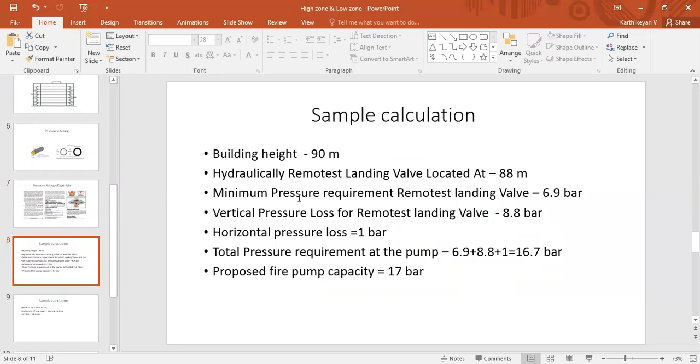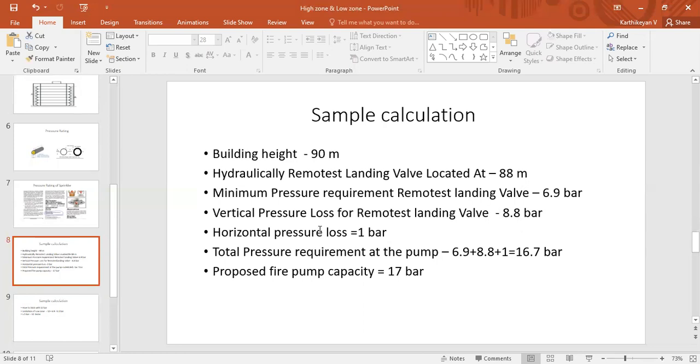The minimum pressure requirement at the remotest landing valve is, as per NFPA 14, 6.9 bar. The vertical pressure loss for the remotest landing valve is 8.8 bar, since 10 meters is equal to 1 bar based on acceleration due to gravity. So 88 meters of vertical height will make an 8.8 bar pressure loss.